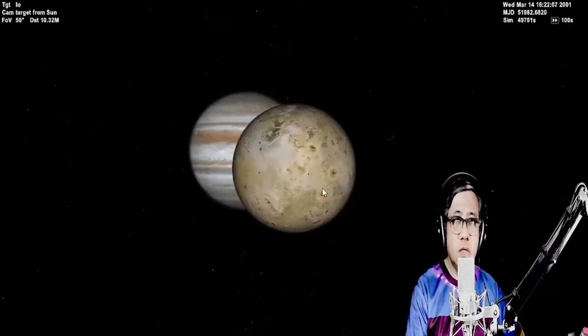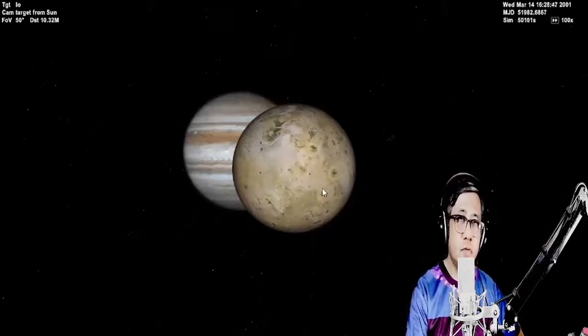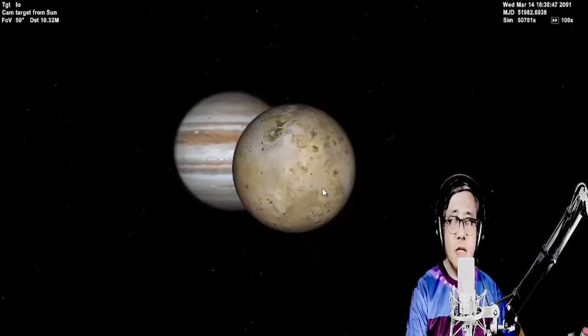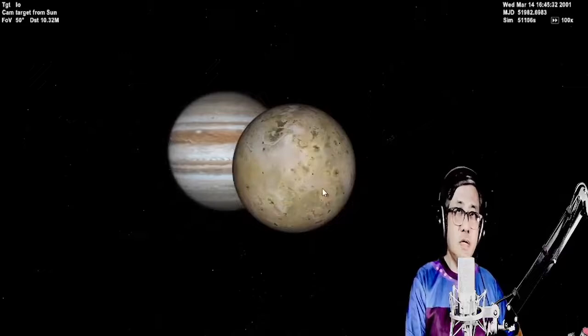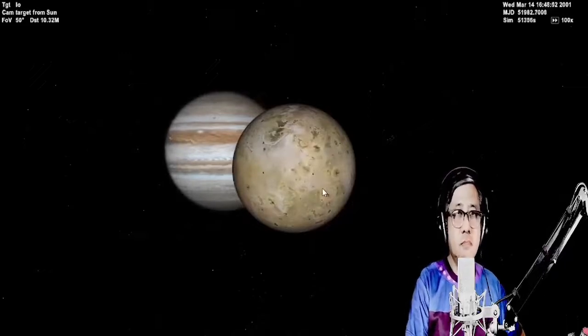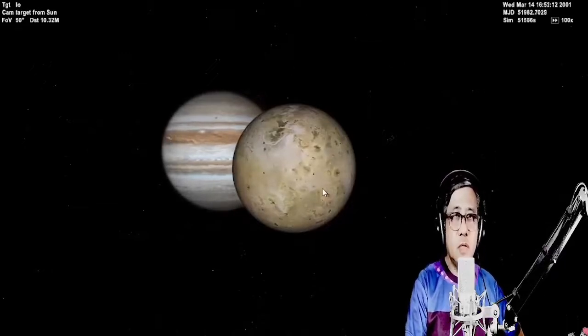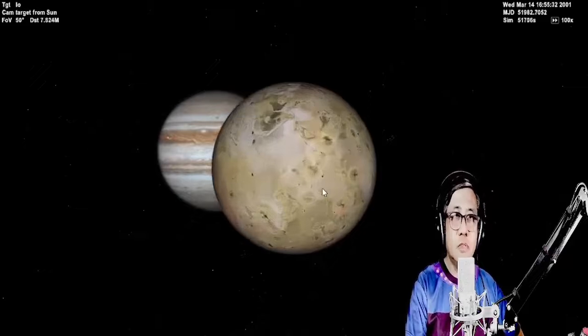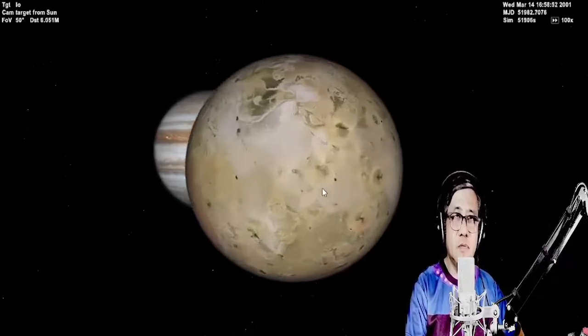Several volcanoes even produce plumes of sulfur and sulfur dioxide that climb as high as 500 kilometers above the surface. And may mga images ang Voyager na na-detect niya yung mga plumes na yan, produced by several volcanoes na nakita dyan sa Io.